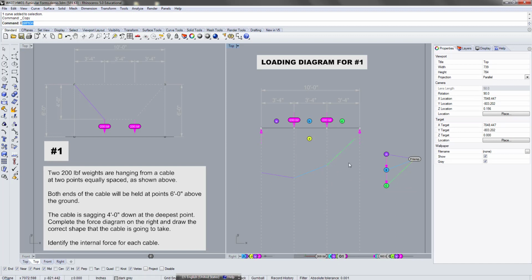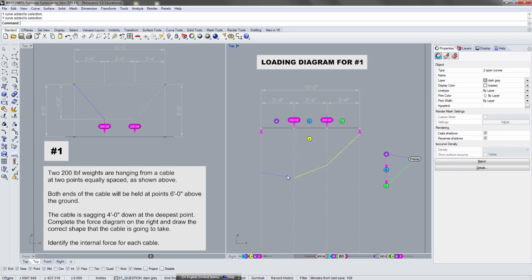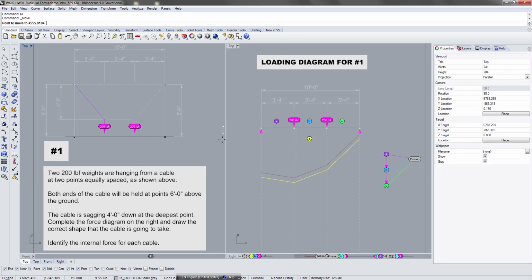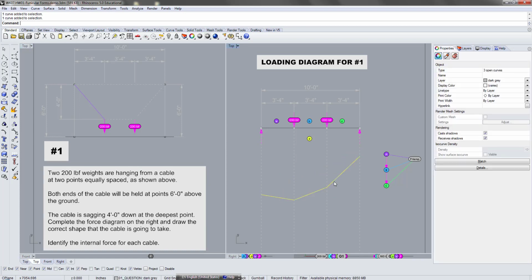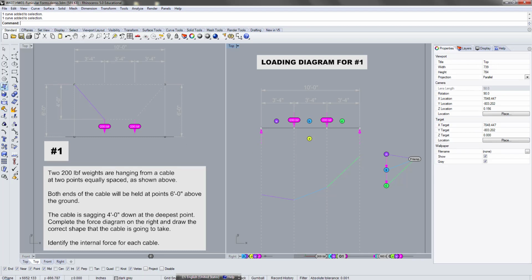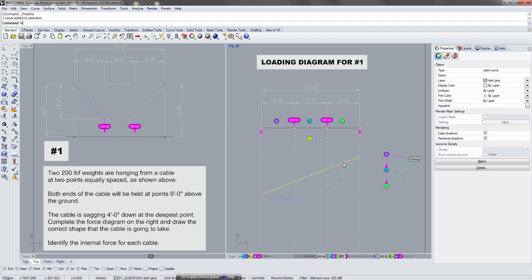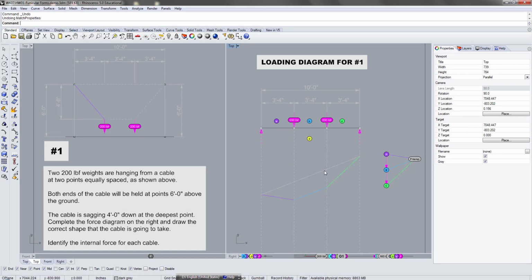And the last one is CP. Let me adjust its location a little bit. Now we have these three lines showing this funicular curve, and we also need to close this force polygon. So I'm going to draw this closing line.